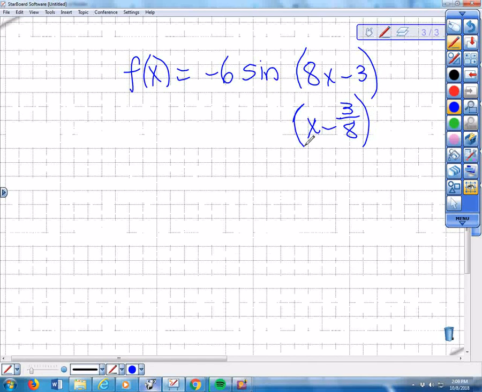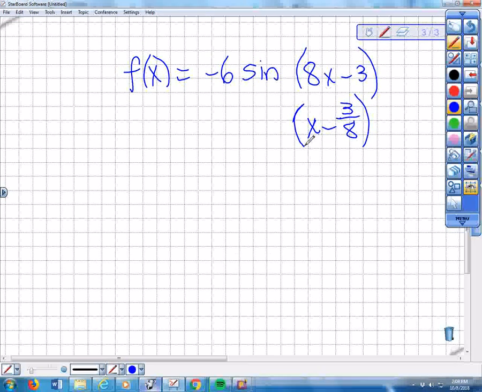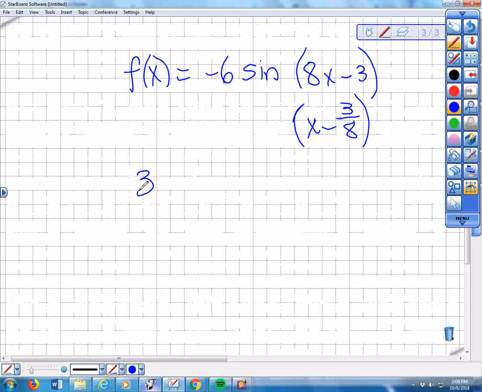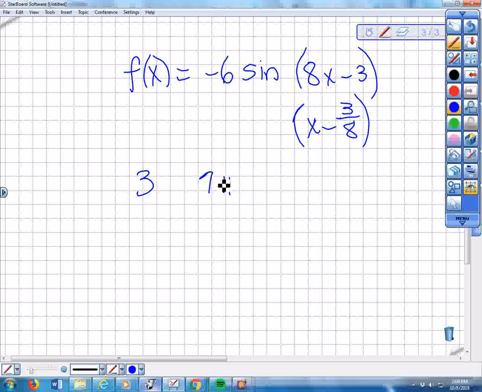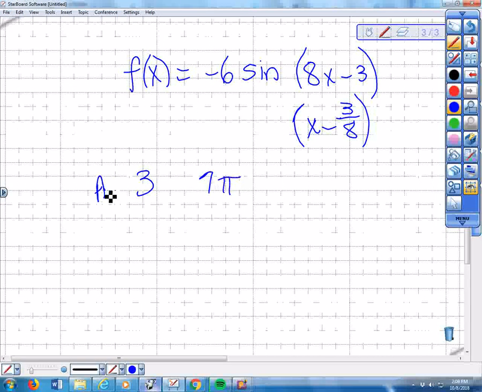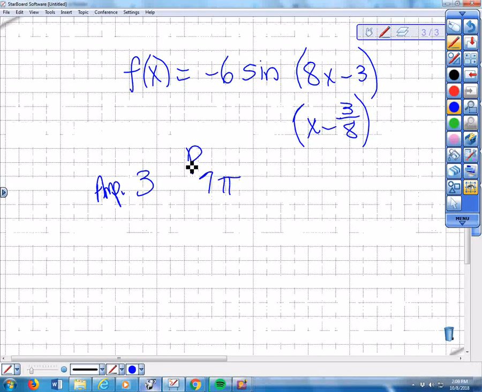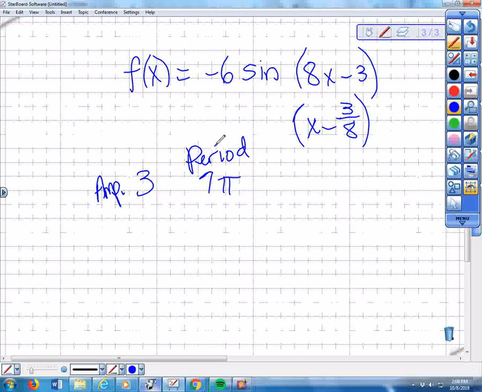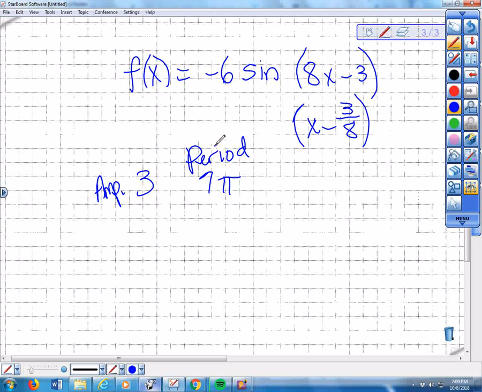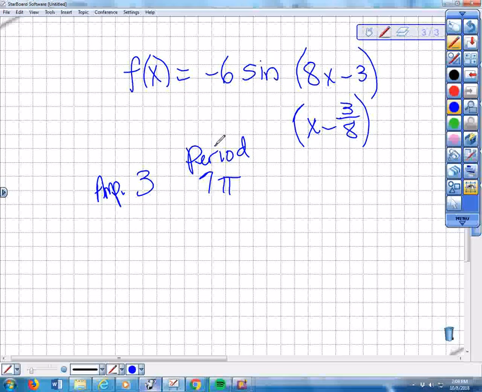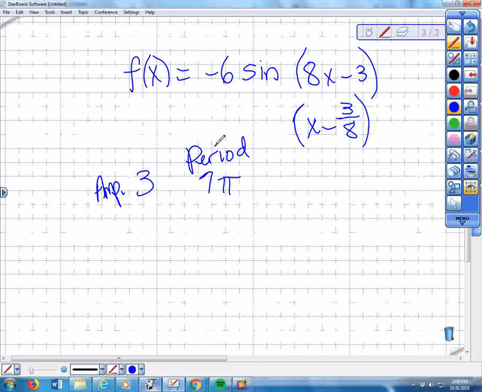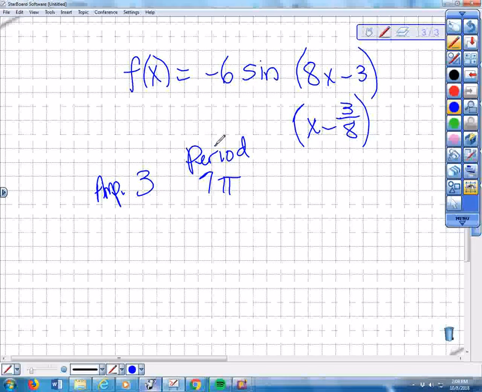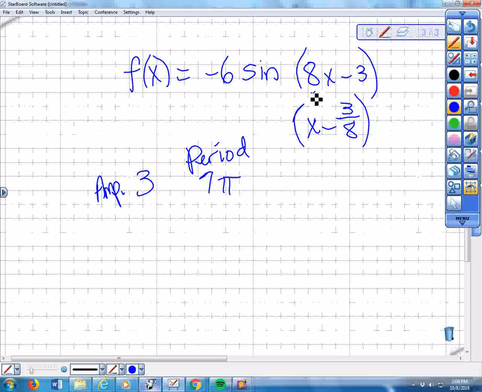Okay, write an equation of the cosine function with amplitude 3 and period of, I have to make something up here, 7 pi. Amplitude 3, period 7 pi. And we have to write a function, cosine. So how do I find the period? We found the period here to be 2 pi over 8 or pi over 4, right?